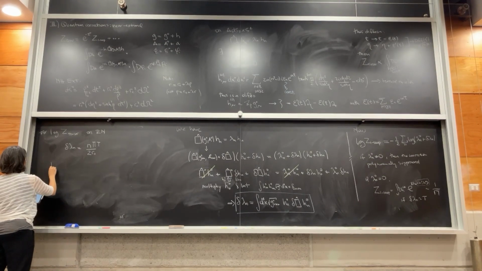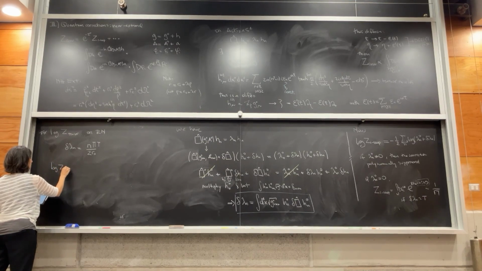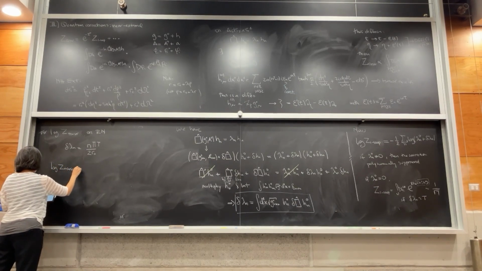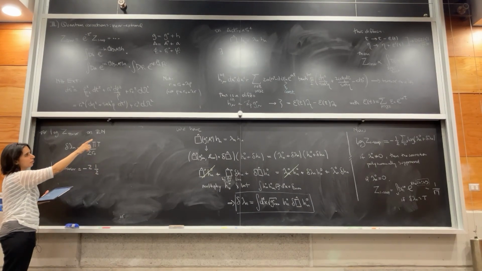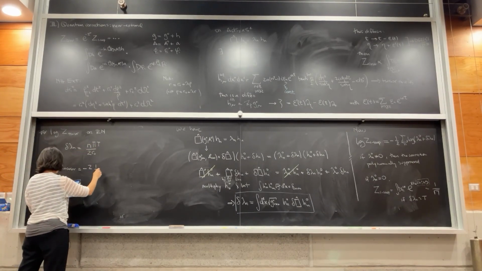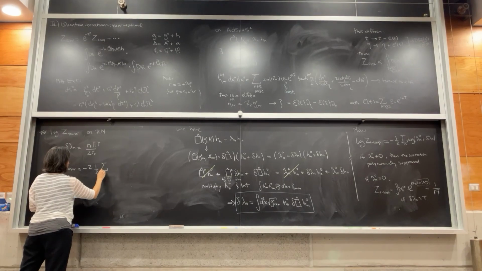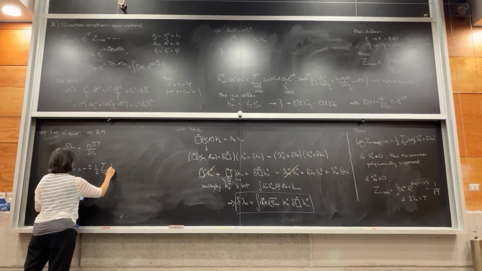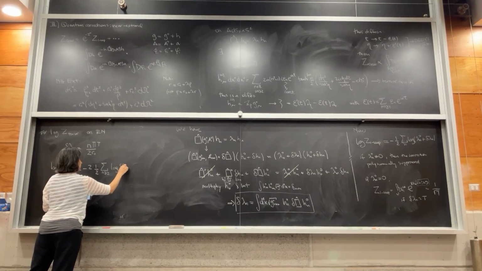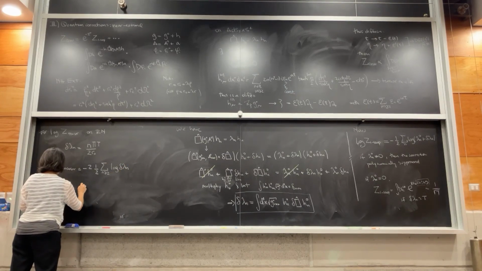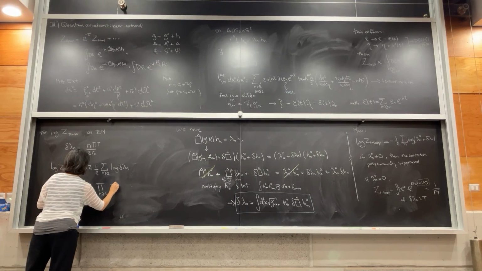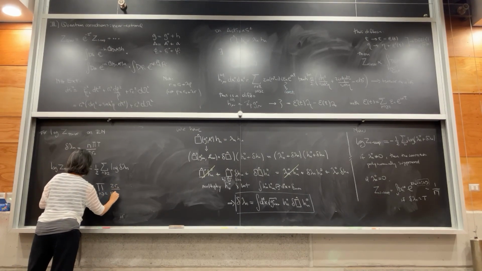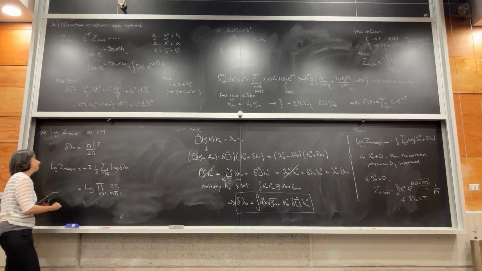And then you compute the log of C tensor. There's a factor of 2 because I'm writing the solution as complex, so I have to take the real and imaginary part. And then this is equal to the log of n pi t.